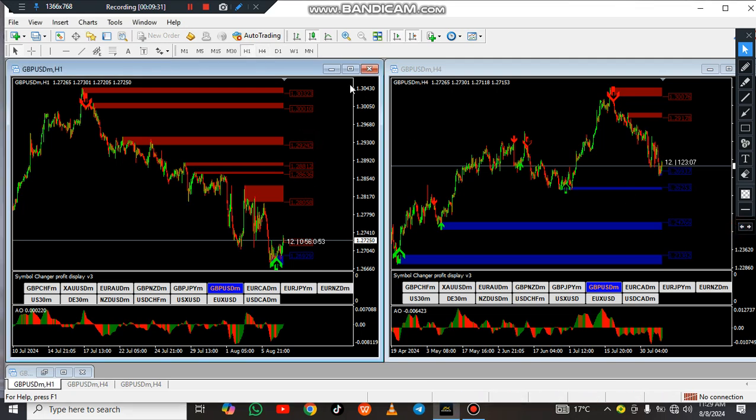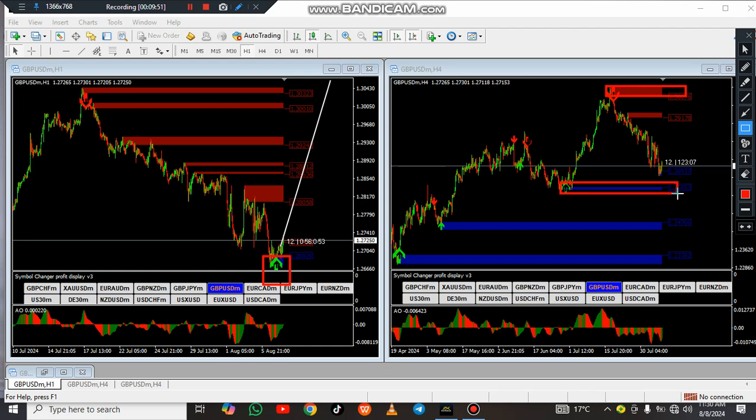If you look at 1 hour, already you have this signal here that is telling you to buy, meaning the market from here is going to go all the way up, and you don't have to draw the supply and the demand because they are already drawn for you. As you can see, this is a demand, and then this is the supply we had drawn. Can you see? It's already drawn for you. These are supplies, and this is demand here.